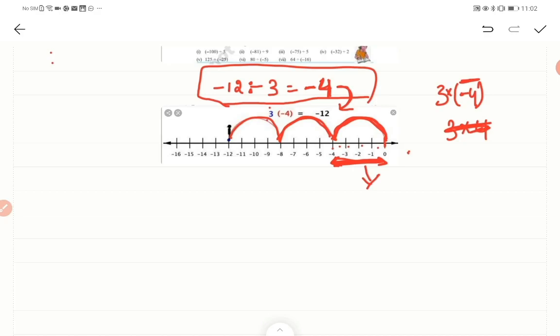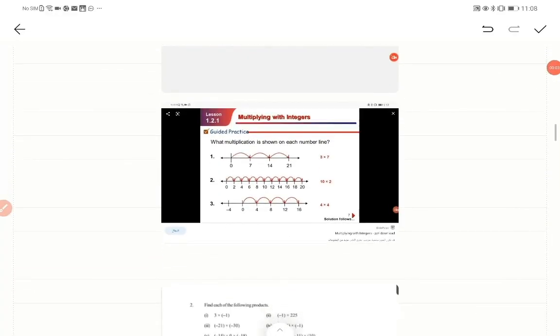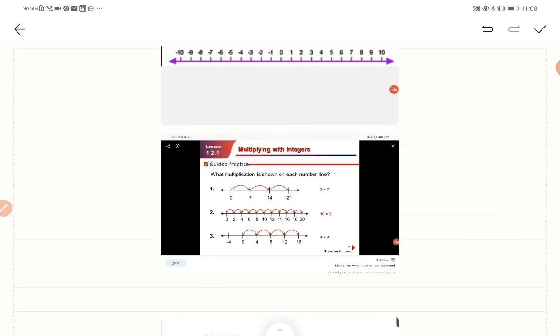It is 3, and each hop will have a division of minus 4. So this is your minus 4. In a previous class video, we had seen this multiplication of integers on the number line, right? From this, see how exactly your division works.